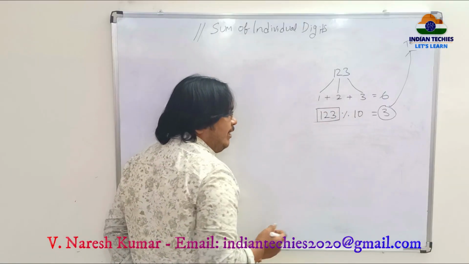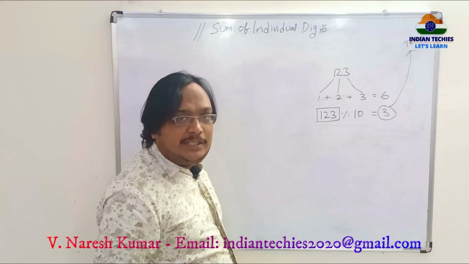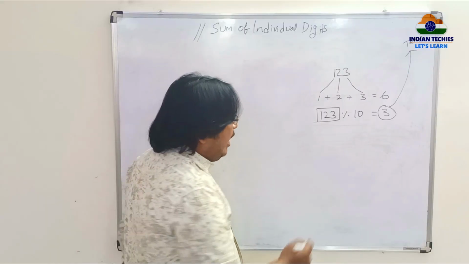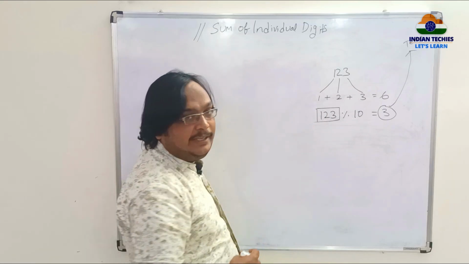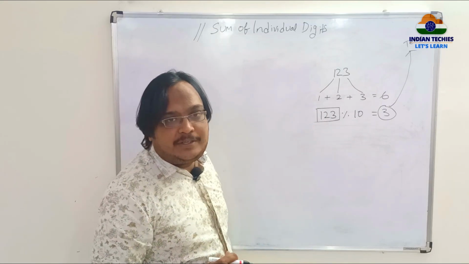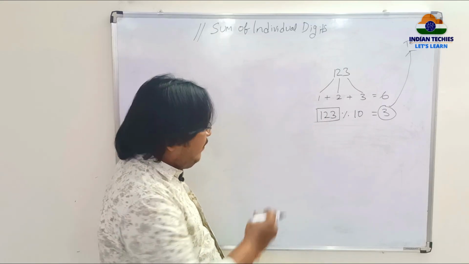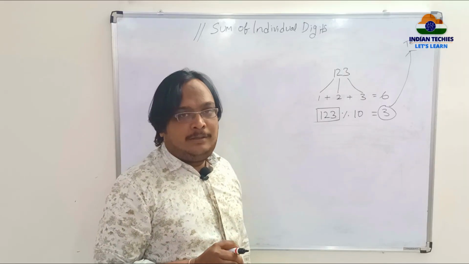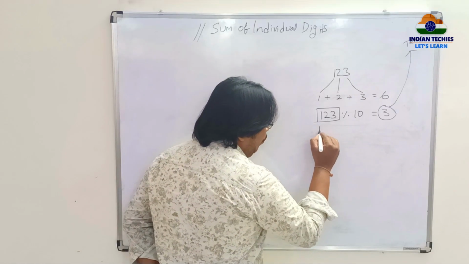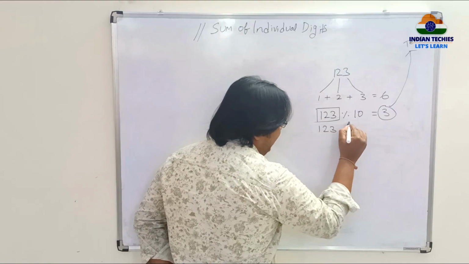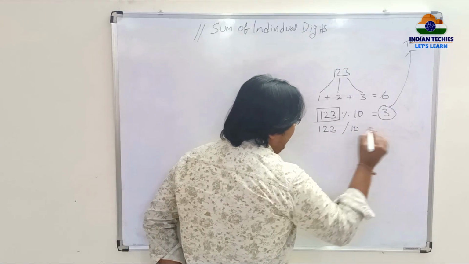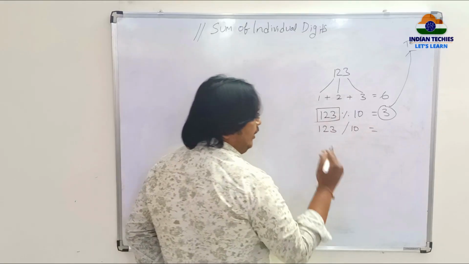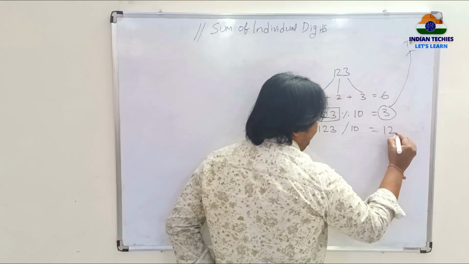Now from 123 the next digit I have to take out is 2. I cannot take 2 from the middle by performing any operation. So first of all, if I want to take 2, 123 has to become 12. Then how do I do it? 123 divided by 10. Whenever I use the slash operation, you will get the quotient, that is 12.